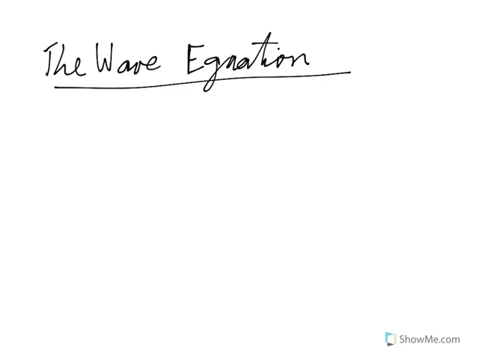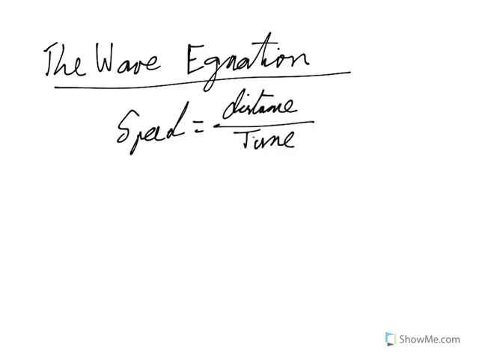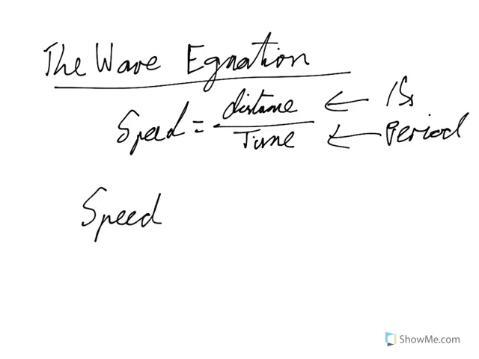So what the wave equation says is that we know that speed is distance travelled over the time taken. Now, in waves, if I look at the distance as being 1 wavelength, then that time would be the period. So the speed of a wave would be the distance, 1 wavelength, over the time it takes for that 1 wavelength.